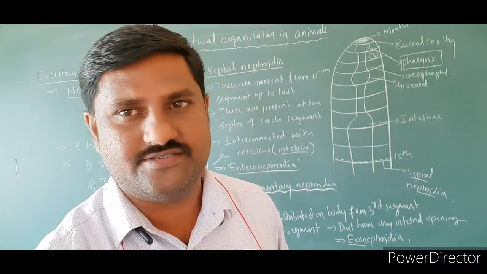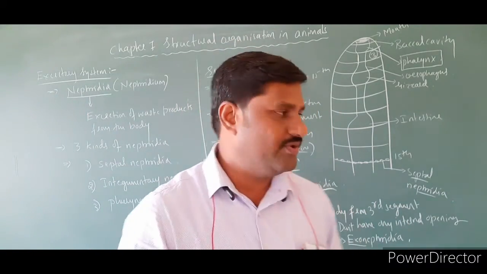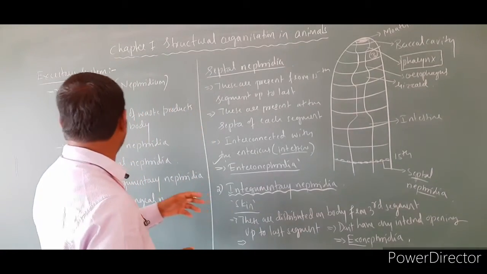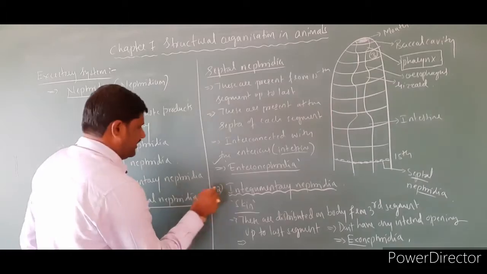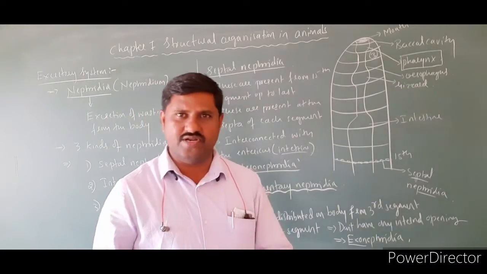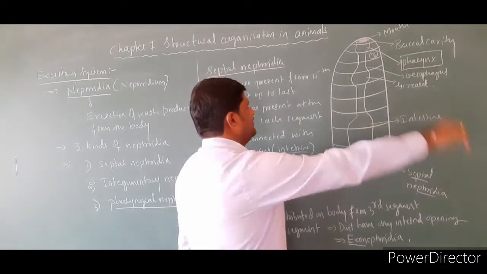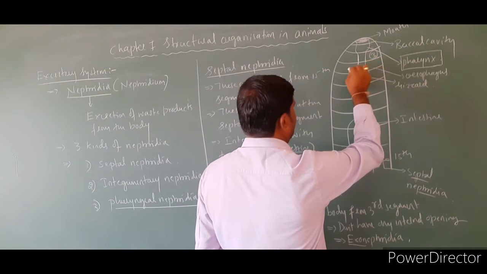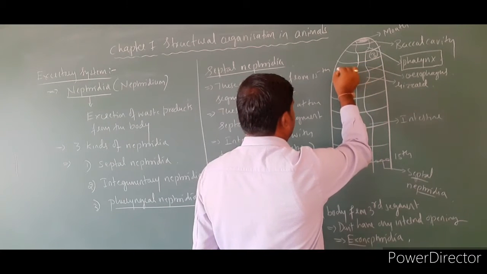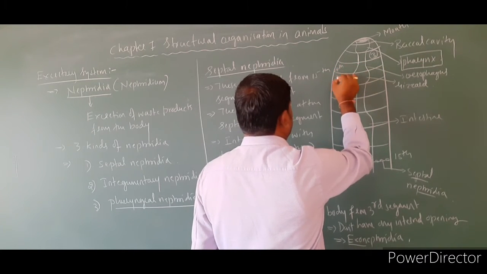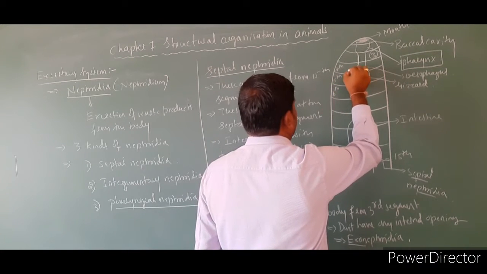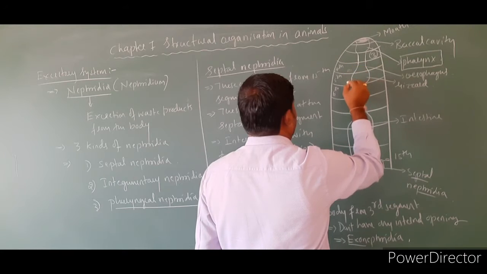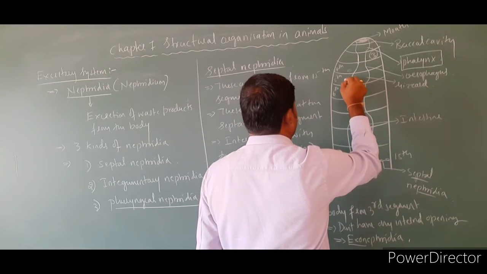Next one is a very important one. What is the next type of nephridia? Already I have written out here, pharyngeal nephridia. So a very important point is, see here, they are also present on the 4th, 5th as well as 6th. This is the 4th segment, this is the 5th segment, this is the 6th segment. See here, the nephridia are present here.